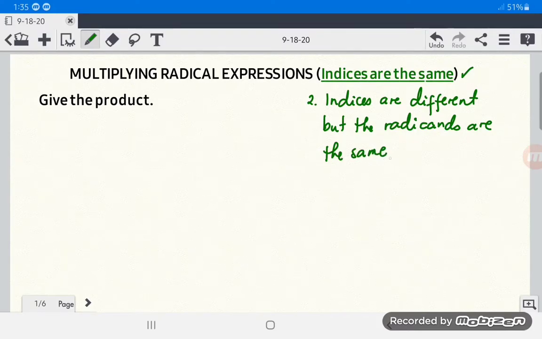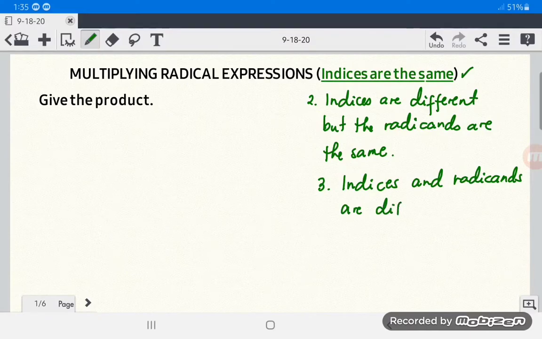And then number three, if the indices and radicands are different. Okay, so these are the three cases to be considered in multiplying radicals.